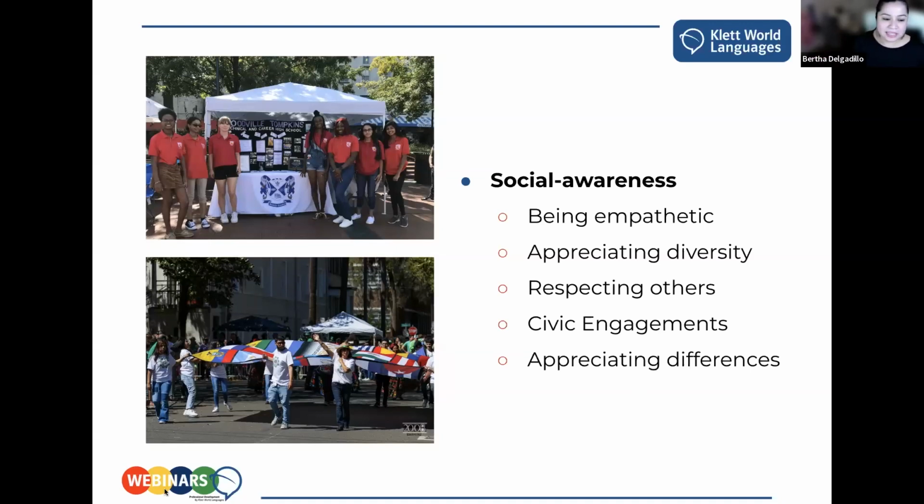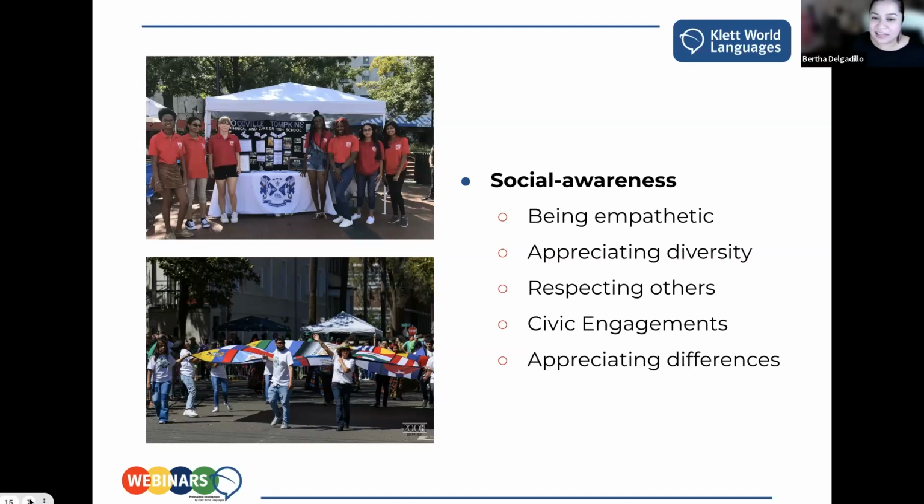It was a very nice activity for all of our learners. These are some examples of social awareness, but again, it does not have to happen outside of the class. I'm sure you can think of units that offer the students the opportunity to be more empathetic, to show empathy, to respect others, to appreciate differences, because many of the things that are done in the target culture are different.